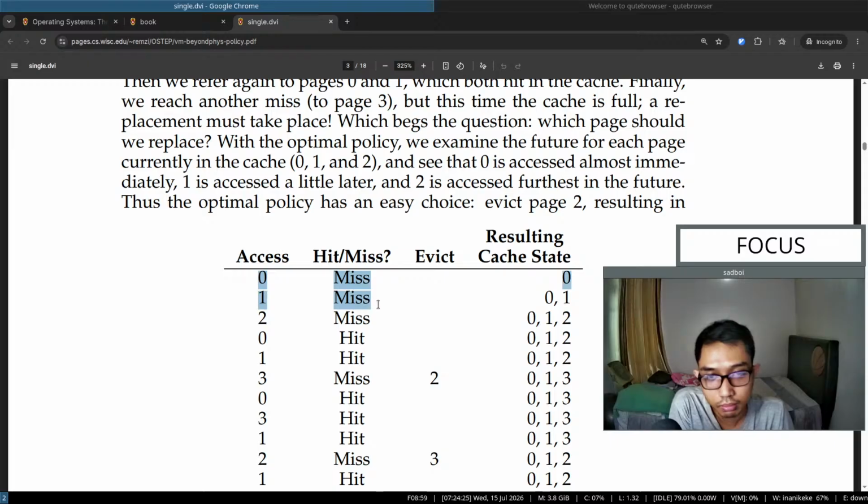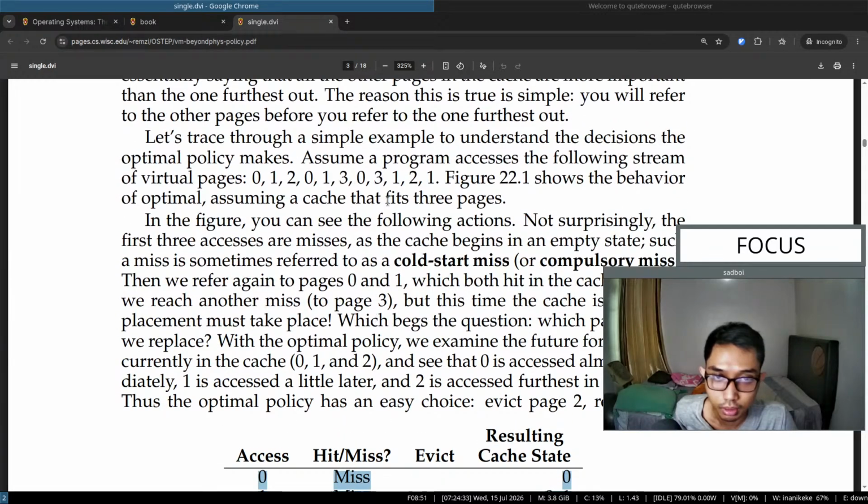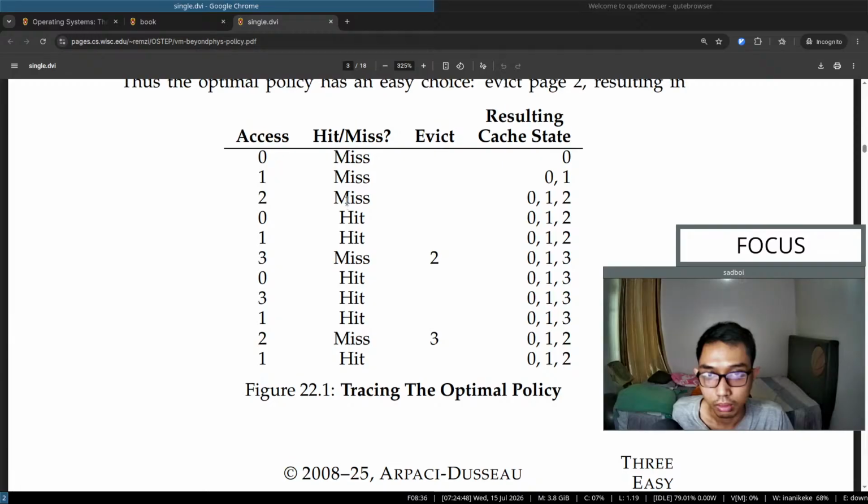Are we automatically filling up the cache even though we only access, let's say, a few pages?